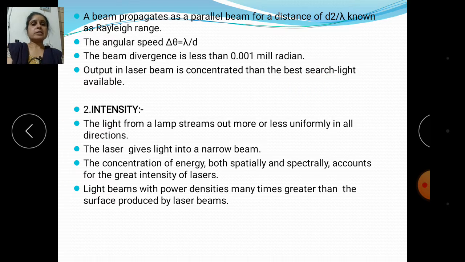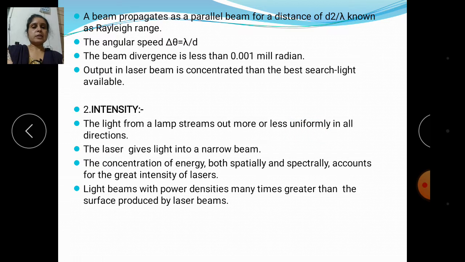Next, second is intensity. The intensity produced in a laser beam, as compared to conventional sources, is very high. The light from a lamp streams out more or less uniformly in all directions.